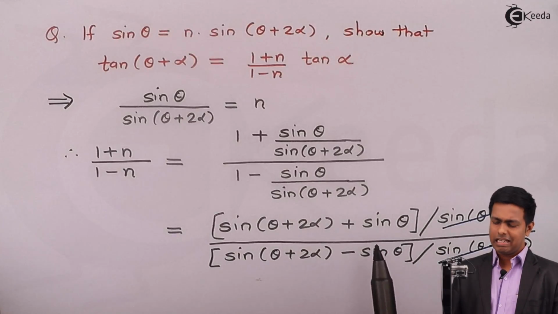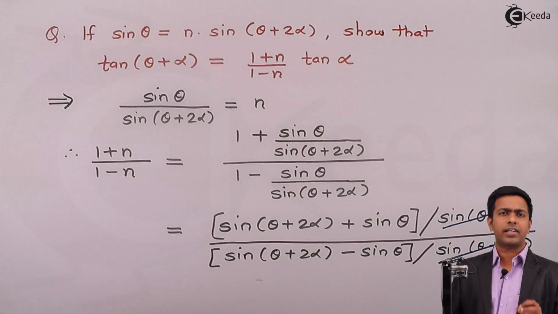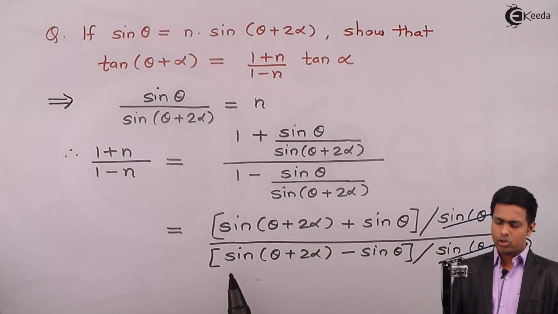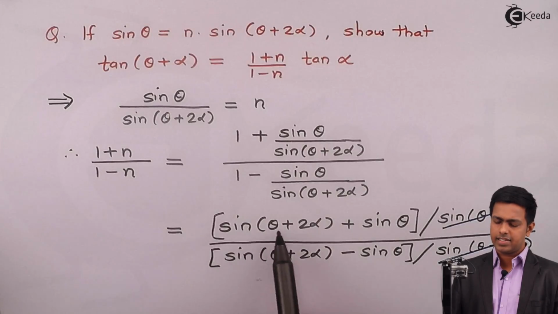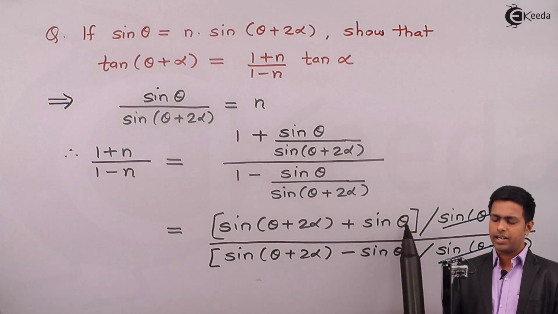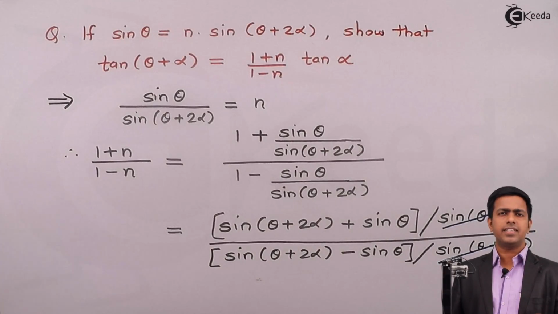For the remaining terms, if you observe carefully, then we can apply the factorization formula, because here this sin of theta plus 2 alpha I can consider as sin C and this as sin D. So I can apply the formula of sin C plus sin D in the numerator and sin C minus sin D in the denominator.